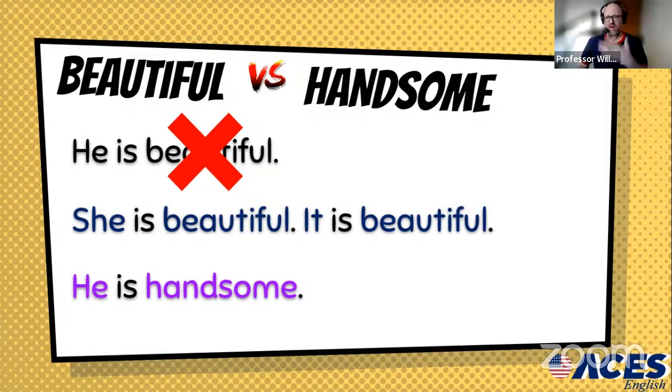We're not talking about someone's appearance usually. So we don't say he is beautiful, he is handsome. It sounds in American English, especially, kind of feminine if you say that a man is beautiful. So there you go. She is beautiful. It is beautiful. He is handsome.